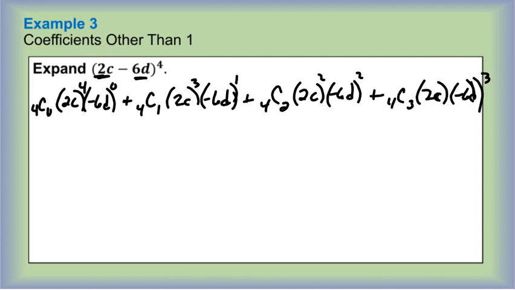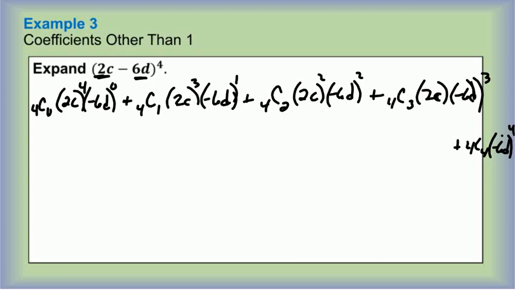And then our last one is plus 4 choose 4, and then it's just going to be negative 6d to the fourth.